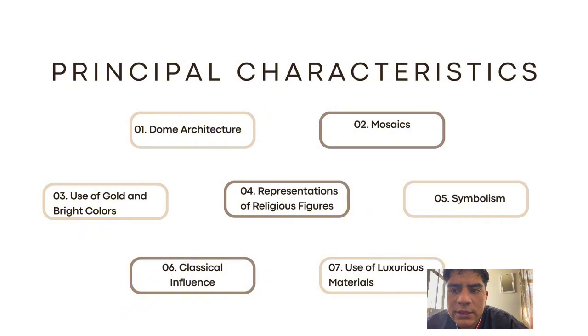And the last one is luxurious materials. Well, Byzantine art often incorporates luxurious materials like marble, gold, and silk. Well, all of these characteristics combine to create a distinctive and captivating art form that reflects spiritual and cultural values of the Byzantine Empire.